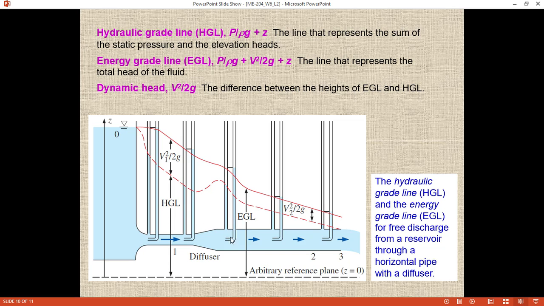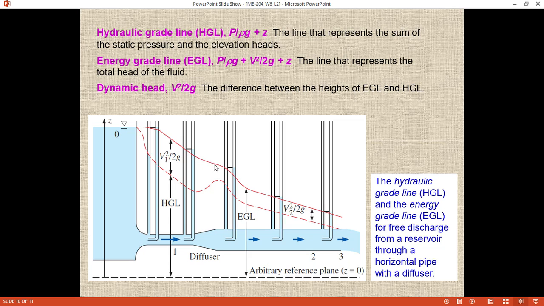Again you can see here the velocity has some value. Because of this diffuser, the pressure increases, and there is also a little decrease in the velocity as well.